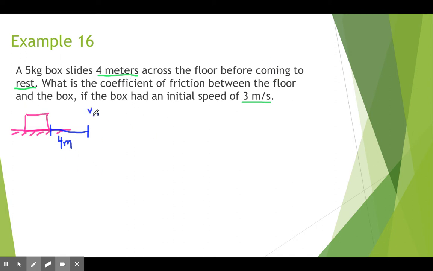So the final velocity here is 0. The initial velocity is 3 meters per second. We know the mass of the object is 5 kilograms. We're looking for the coefficient of friction.